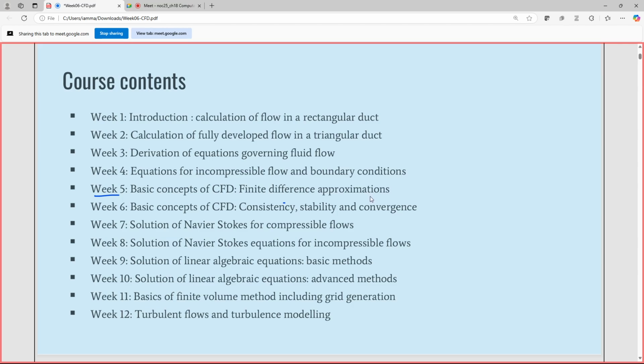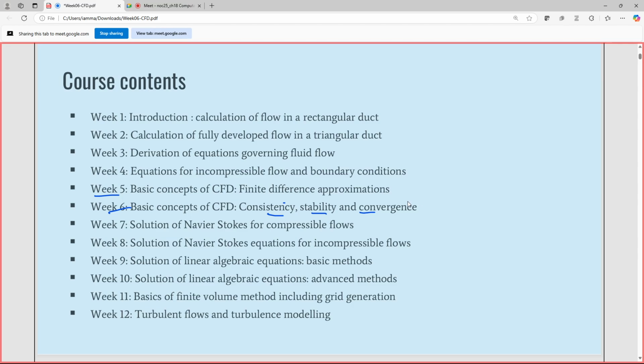In this week's lectures, week 6, we covered the basic concepts such as consistency, stability, convergence, and other basic concepts that are very crucial for understanding CFD or to run a CFD problem.